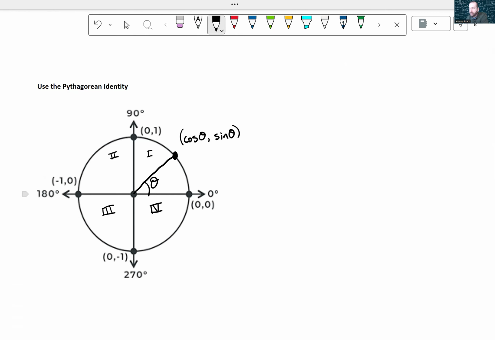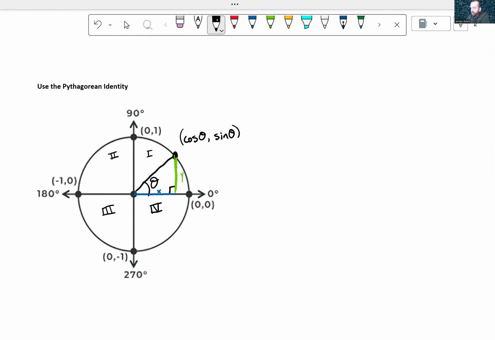I said it's cosine and sine, but really it's cosine of theta and sine of theta. Now, if we draw this triangle like this, and this makes a right triangle, we can say that from here to here is x, and from here to here is y.